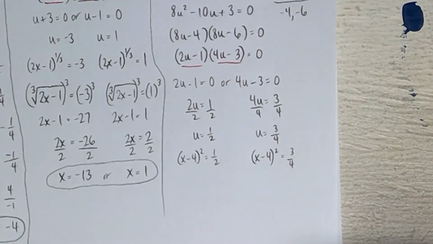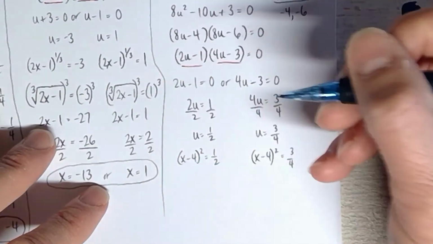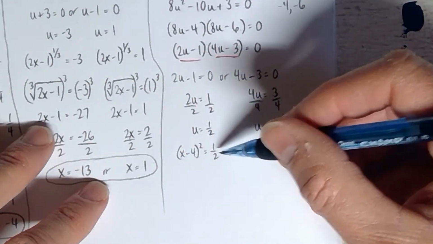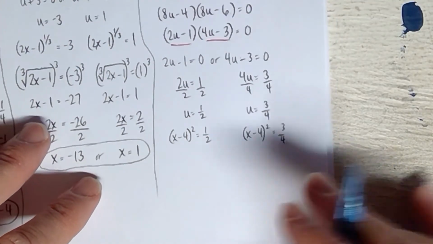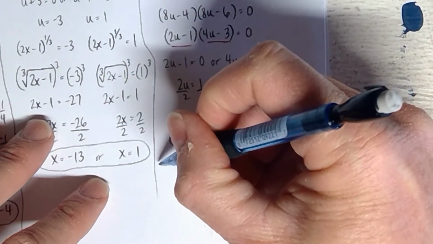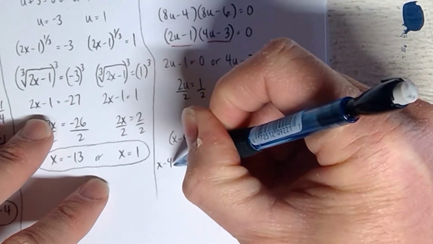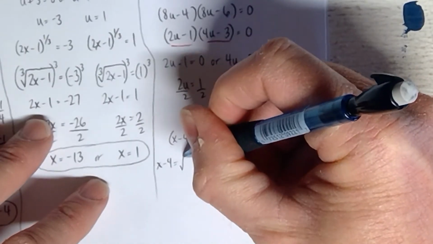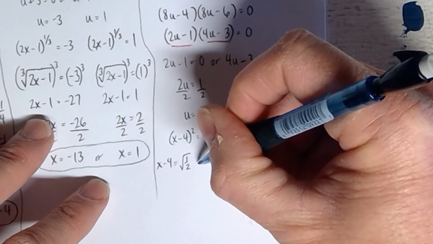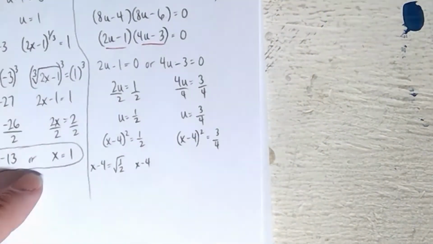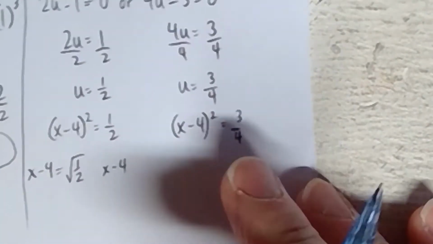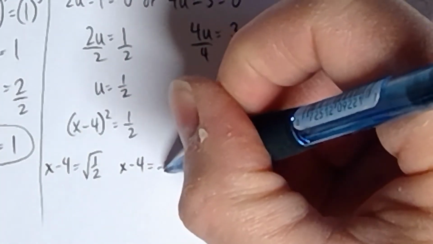Okay, let's try that. We have to do it twice because there are 2 different ones, so there's going to be a total of 4 equations here. So we're going to get x minus 4 is equal to the square root of 1/2, and x minus 4 is equal to negative the square root of 1/2.